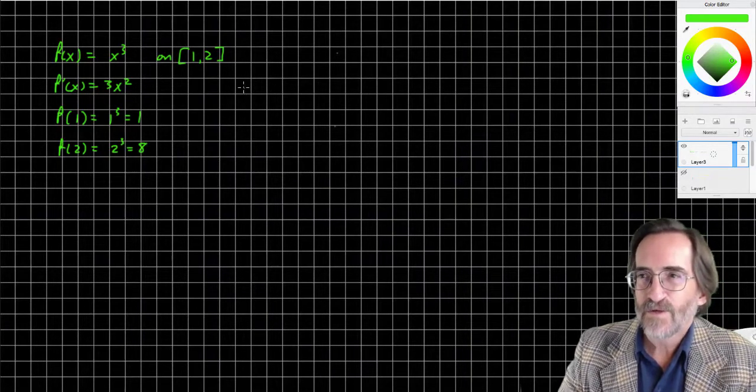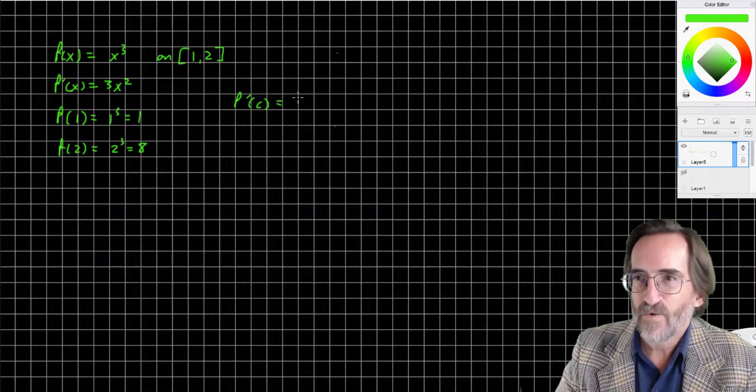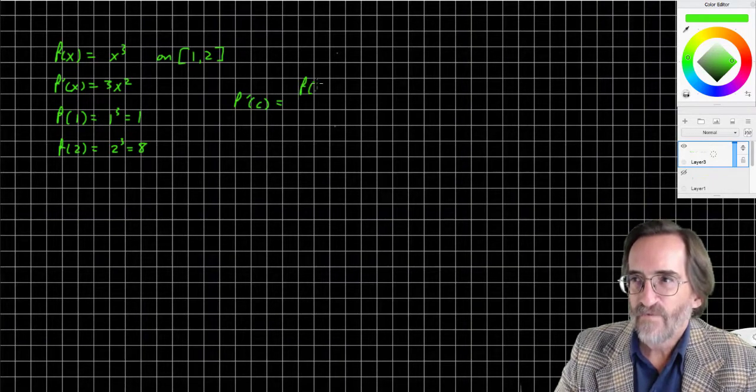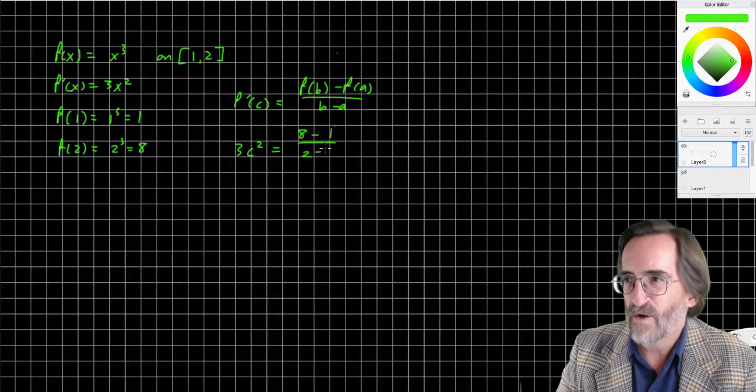And so the formula for the Mean Value Theorem says f prime of C equals f of B minus f of A over B minus A. So f prime of C is 3c squared, and f of B is 8, and f of A is 1, over B minus A, which is 2 minus 1.